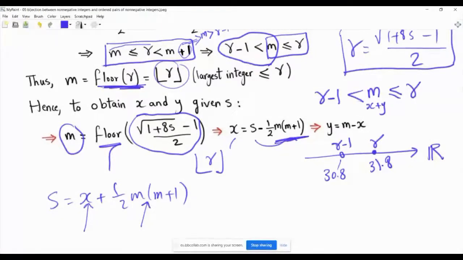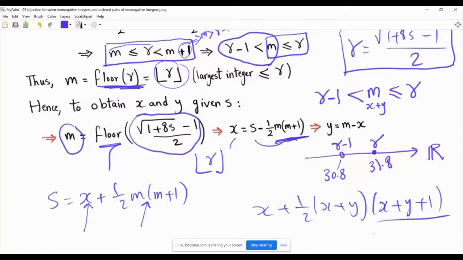So from S, we obtain a unique ordered pair x, comma, y. If I give you a pair x, comma, y, there is exactly one S associated with it. Give you x, comma, y, you use the expression x plus half of x plus y, times x plus y plus 1, to compute S. And if you know S, you can compute gamma, take the floor, compute M. From M and S, you can obtain x, and from x, M minus x will give you y.